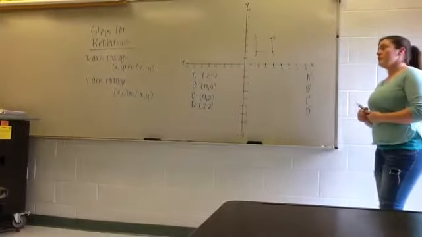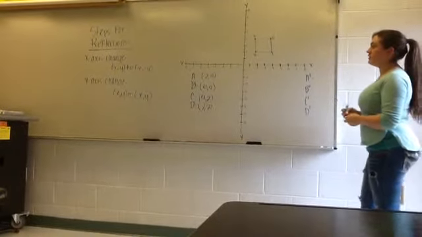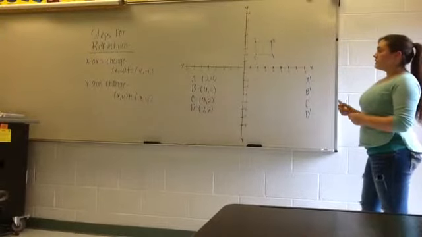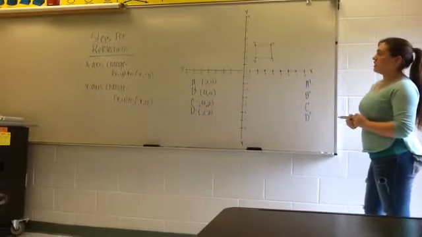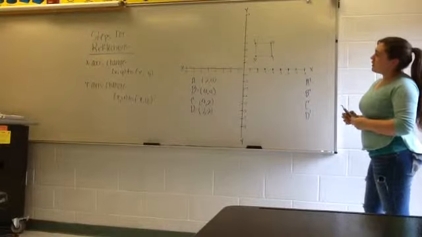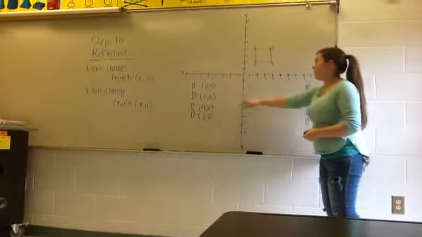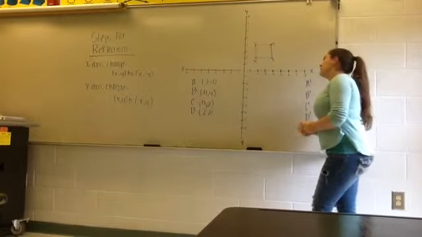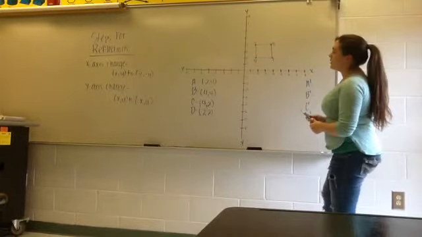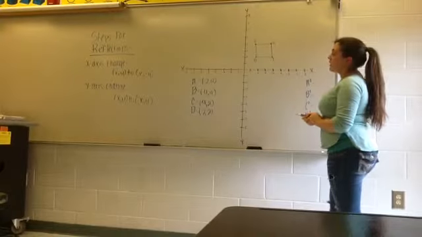Our next problem is of a reflection over the x-axis. So the rule for an x-axis change is xy to x negative y. So here are our coordinates of our current shape. And according to the rule, it says xy to x negative y.